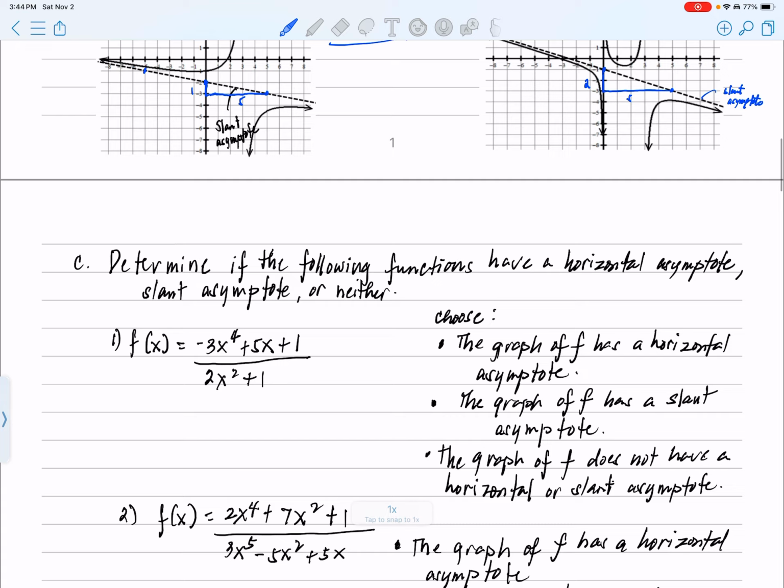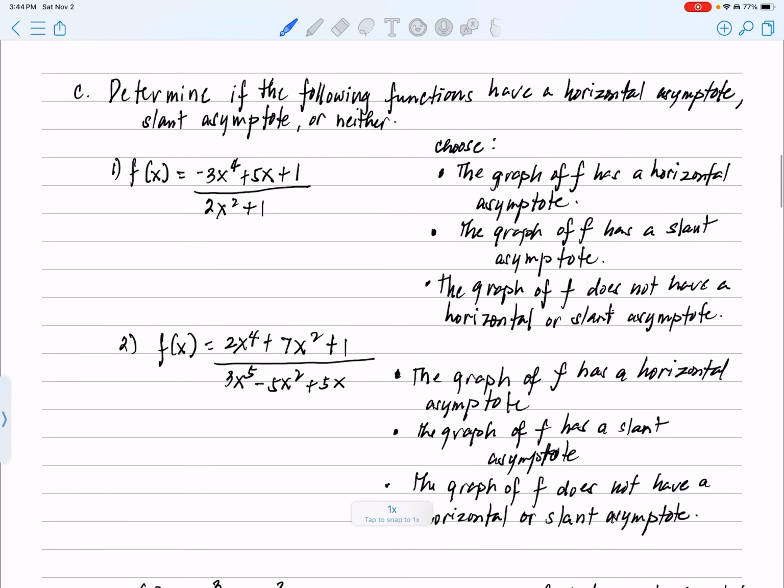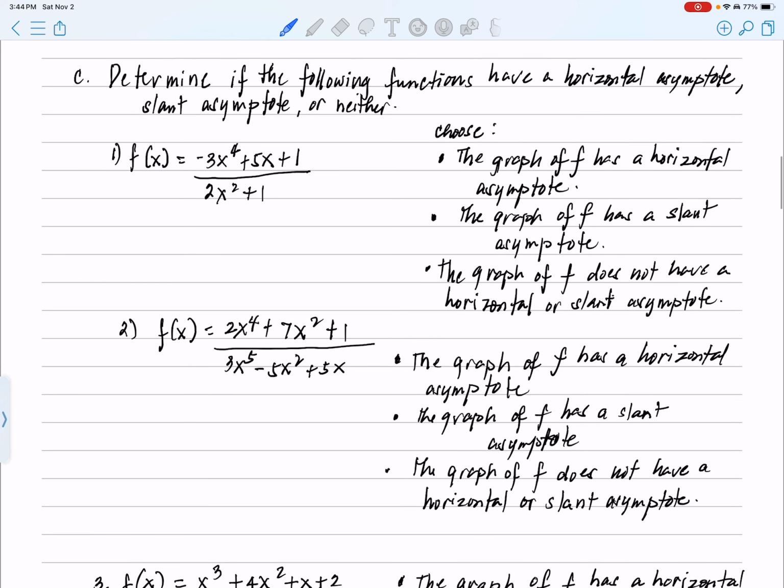Determine if the following functions have a horizontal asymptote or a slant asymptote.